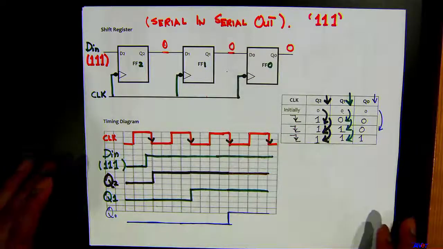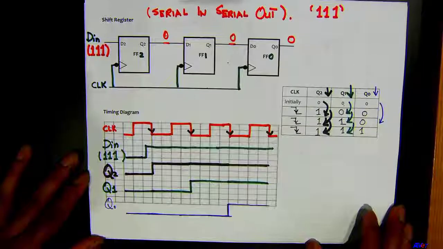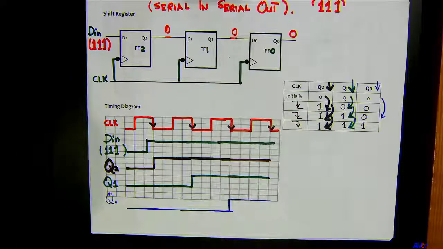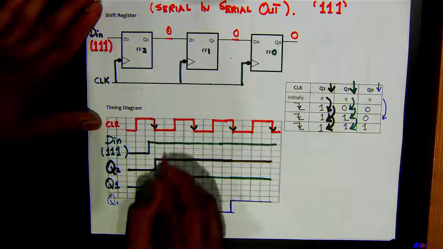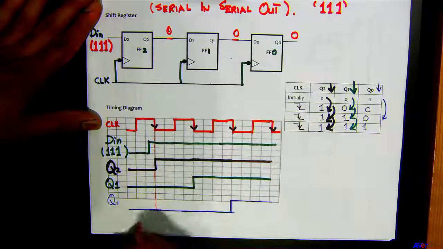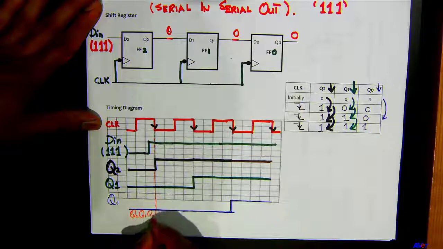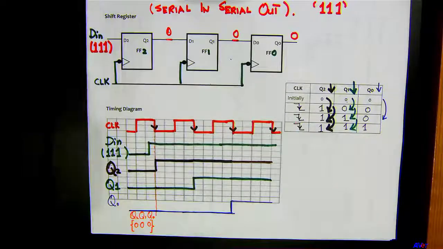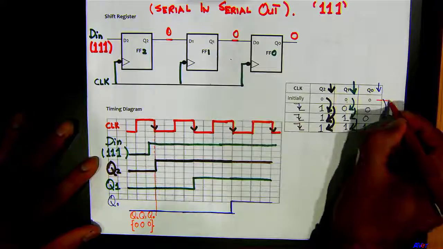So if you notice here, it's your Q2, Q1 and Q naught making 0, 0, 0, which was this right here.